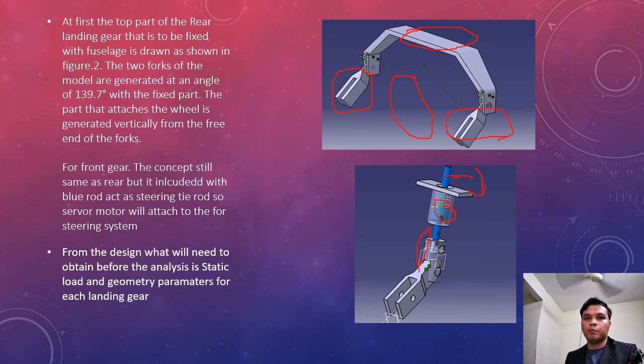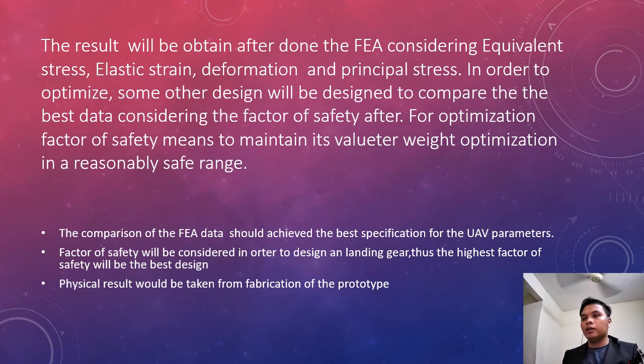For the properties, we will find the volume, mass, and the length for the x-axis, y-axis, and z-axis. The result that will be obtained after doing the FEA considers equivalent stress, elastic strain, deformation, and principal stress.